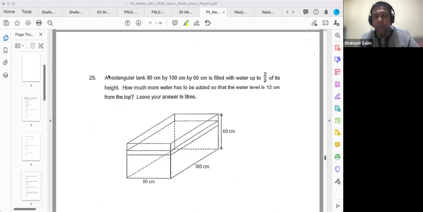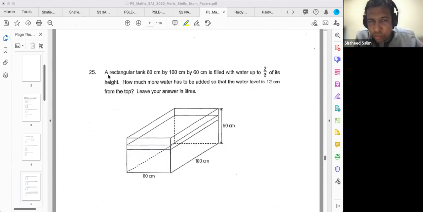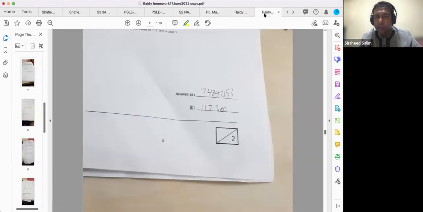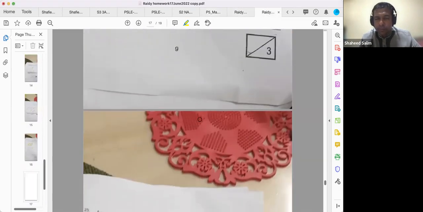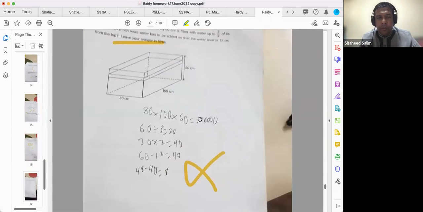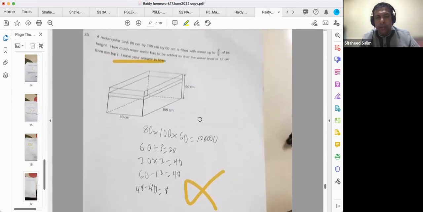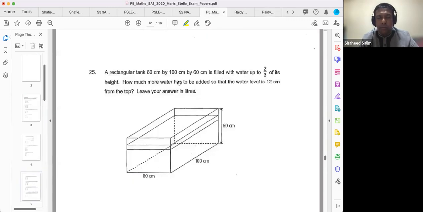This one also. You know you have learned volume, right? Okay, let us see now what you write. 80 times 60 times 100, you find the whole volume. Okay. Now let us see what they want you to find.